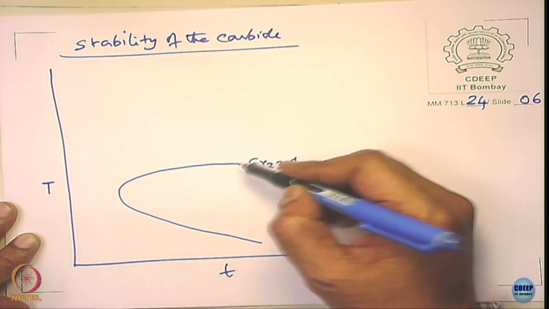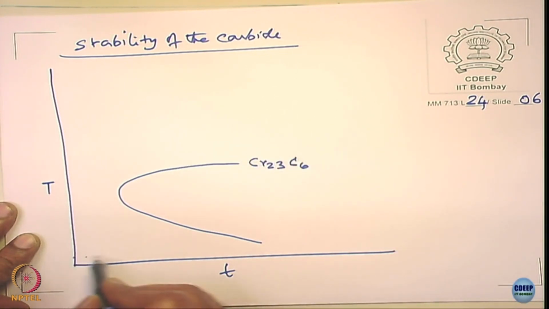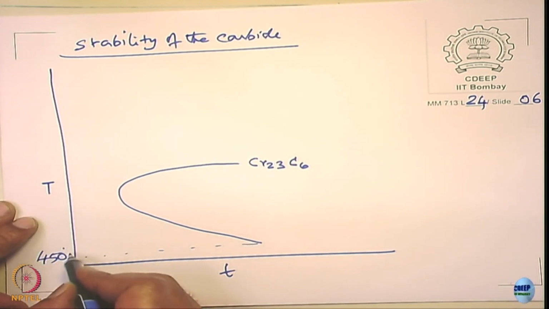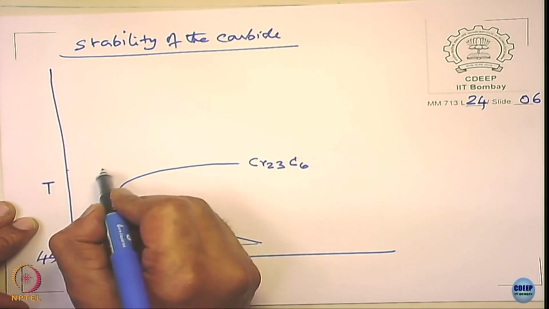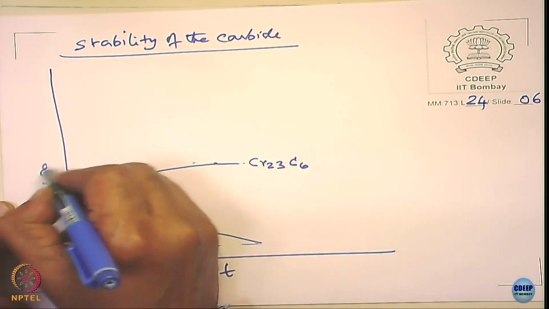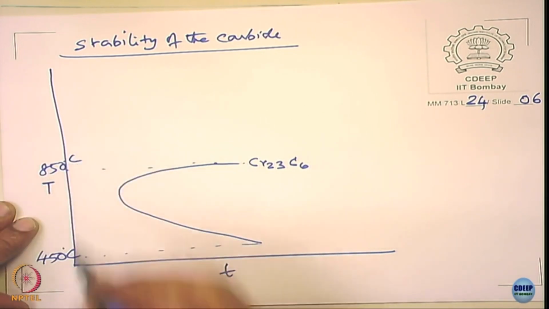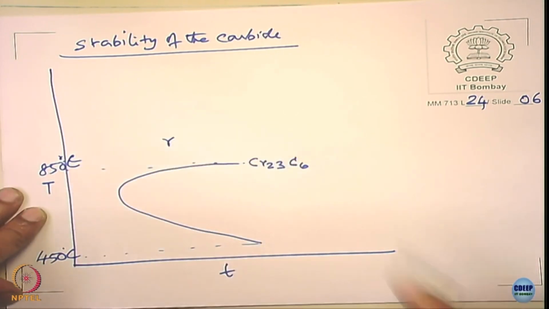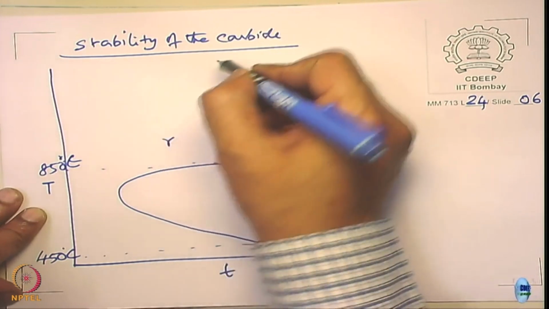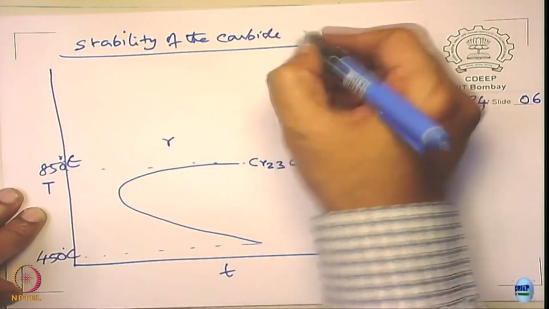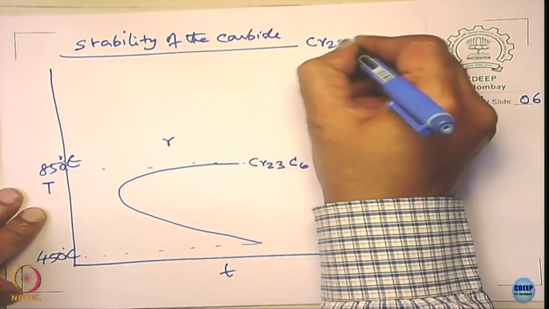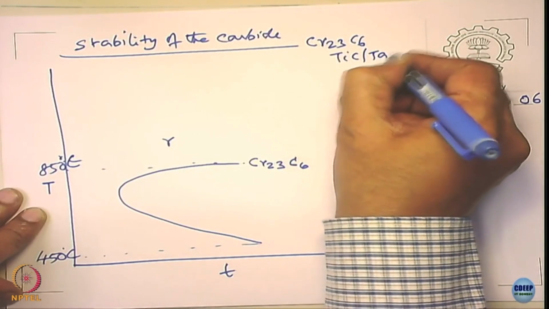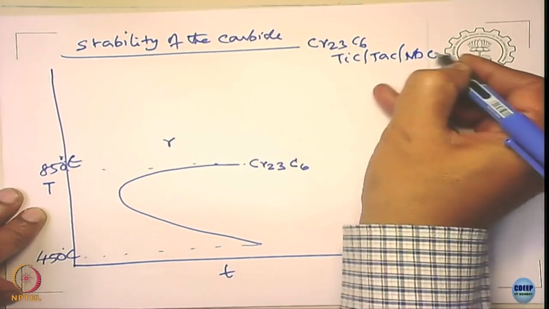What is the temperature region? It is between say 400, 450 and 850 degrees Celsius, right, and is a gamma phase. What other carbides you have here? You also have Cr23C6 can be there, you can have titanium carbide, tantalum carbide and niobium carbide.